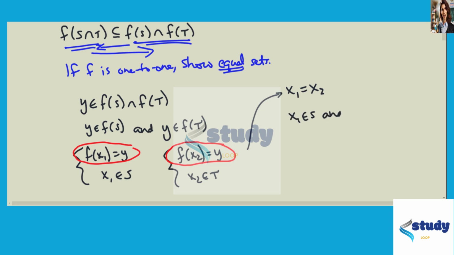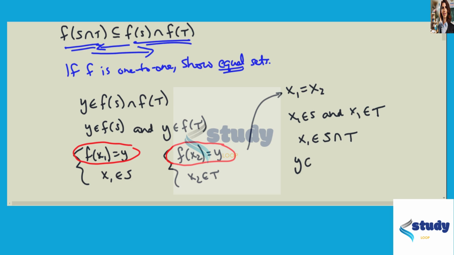So x sub 1 is an element of S, and x sub 2 is an element of T. I miscopied here. Sorry about that. x sub 1 is an element of S, and x sub 1 is an element of T, since x sub 1 and x sub 2 are the same. And that's hard to read. Let's try and clean that up a bit. Okay, so x sub 1 is an element of the intersection.